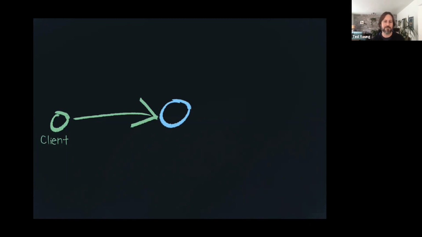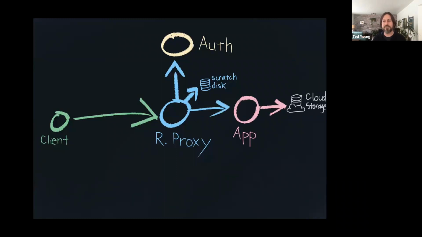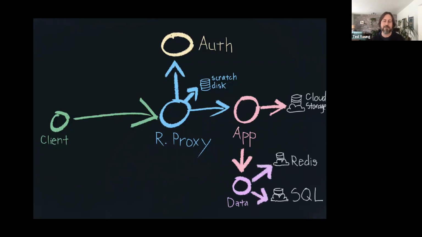That server's probably a reverse proxy, talking to an auth server, talking to some local scratch disk, and then talking to an app server that's uploading that stuff into cloud storage like S3 for the image, and then writing down the caption and the image URL in a data service, but that thing's actually fronting a couple of services like Redis or Memcache plus SQL.